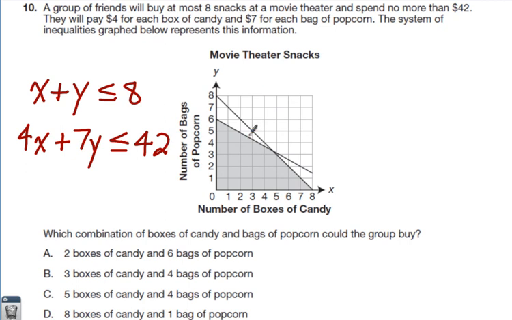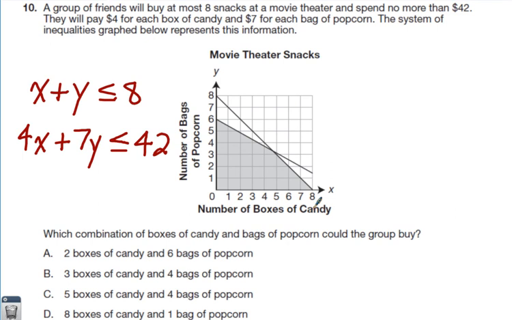Because this graph is going to be all of the solutions that allow this group of friends to buy at most 8 snacks but spend no more than $42. I bet all the solutions are on the graph. Anyway, the question's asking which combination of boxes of candy and bags of popcorn could the group buy? Remembering that candy is x and bags of popcorn is y.